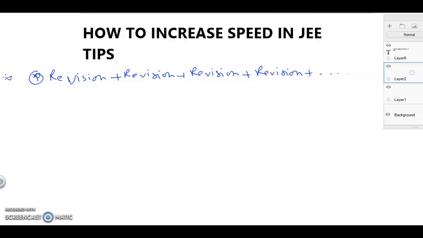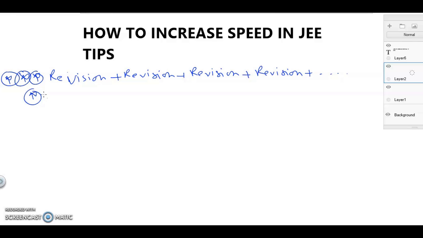It is the triple star point. Whatever you know, before one or two months of the exam, just revise. Having too much knowledge, in my experience, is not helpful in getting a good rank. We have to revise what we know. That is the first important thing.